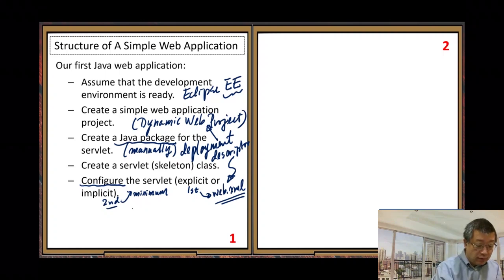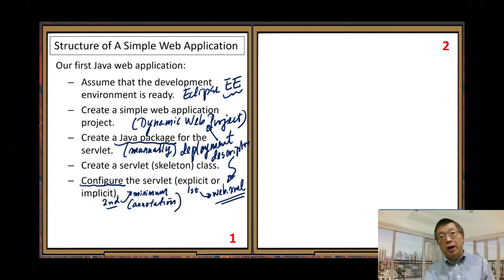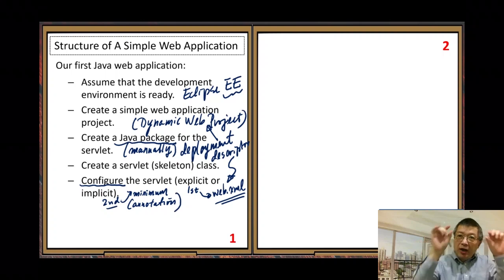Here we do annotation. The annotation way. You just add an annotation in your Java servlet code. In the annotation, you tell the Java web server, Tomcat, what the servlet name is, or what the URL pattern is, and so on.